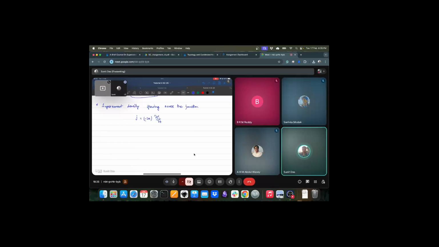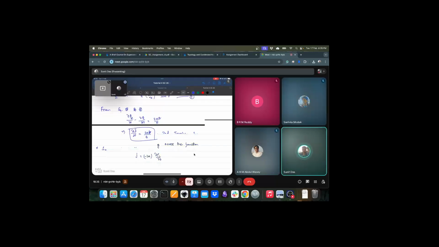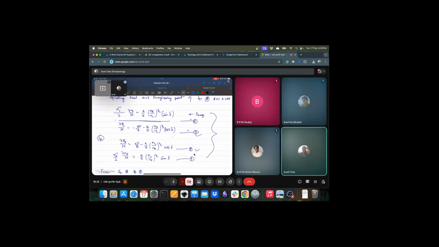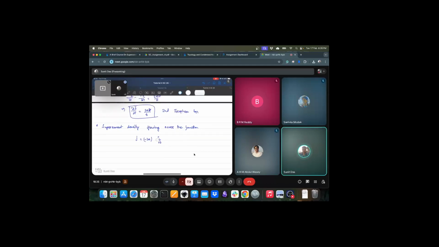So if we calculate this, we already had this equation for del n by del t. Actually, this should not be written as rho. I have taken n as the density, so n L is the Cooper pair density.